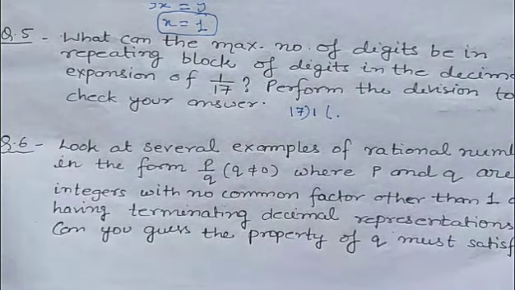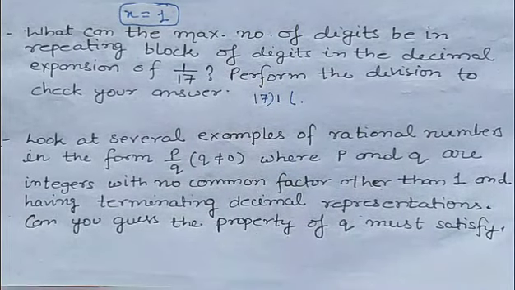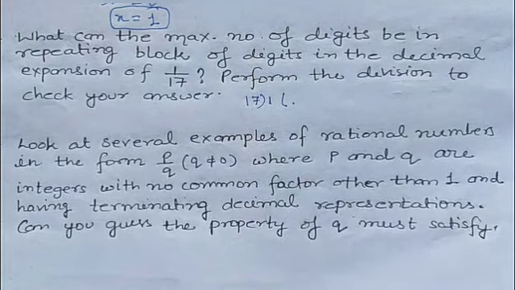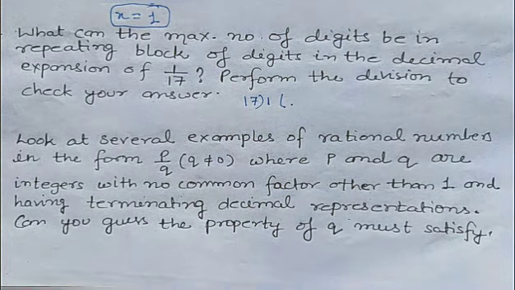Next question, that is question number 6. Look at several examples of rational numbers in the form of p by q, where p and q are integers with no common factors other than 1 and having terminating decimal representations. Can you guess the property q must satisfy?